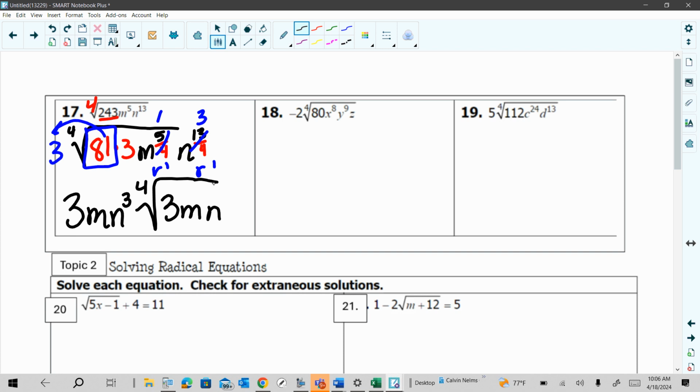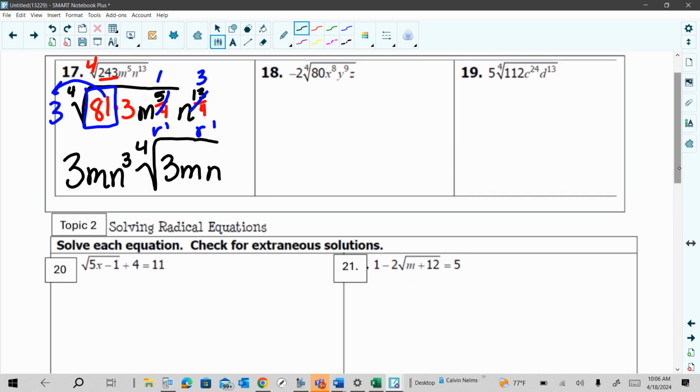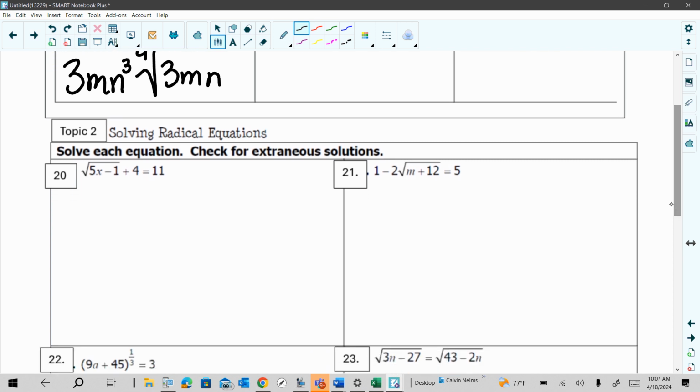So there's 2 topics we're going to assess. You're simplifying the radicals, and then you're solving your equations. This is basically reversing what we're doing. Before we're taking the root, now we're getting rid of the root by raising to the power. So on here, number 20, in order to solve it, the radical has to get isolated.